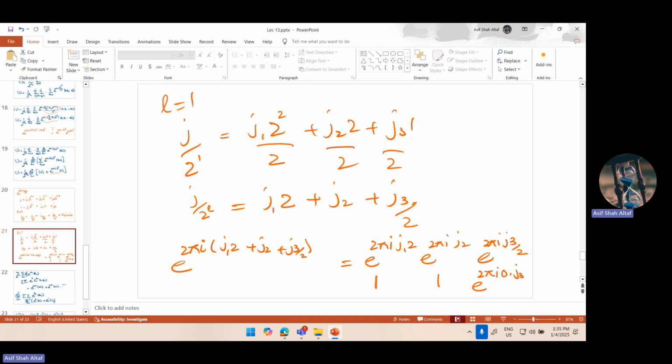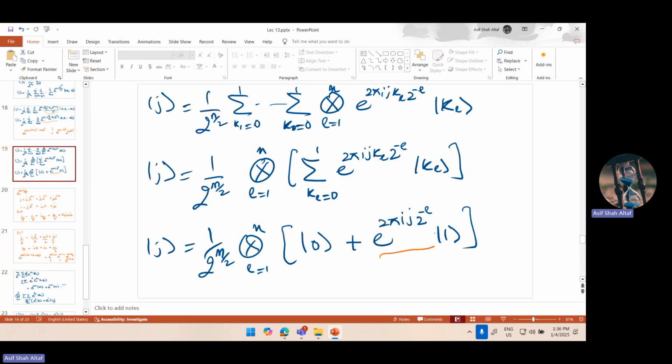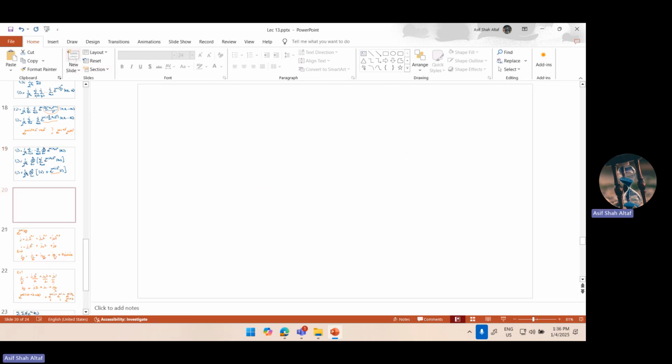So only the bits which have a power of 2 in the denominator contribute to the exponential in the fractional form. So 0.j3. So keeping this in mind, we come back to here. Now let's see what we have to do from here.